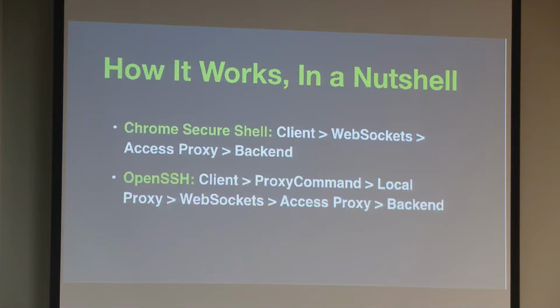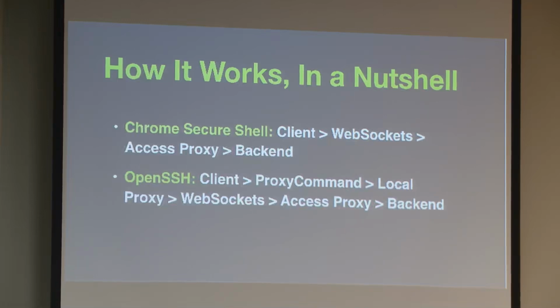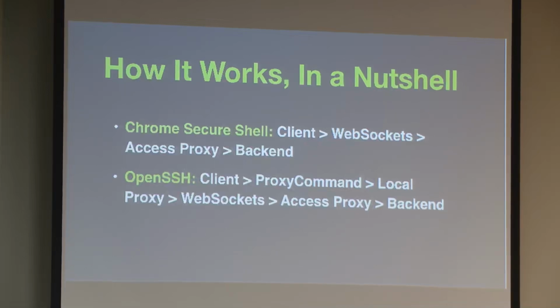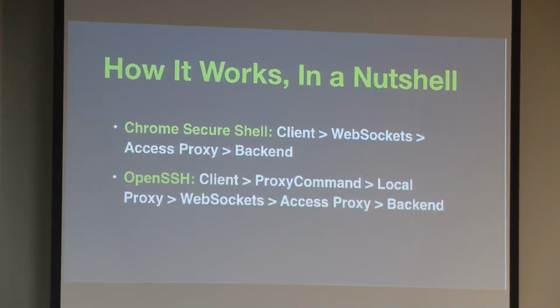The SSH client launches our external program, which is just like an on-demand proxy using this ProxyCommand facility. Our client is a WebSockets client, so it sends the SSH bytes through the access proxy, and eventually the access proxy will unpack those WebSocket frames and send them to the backend.